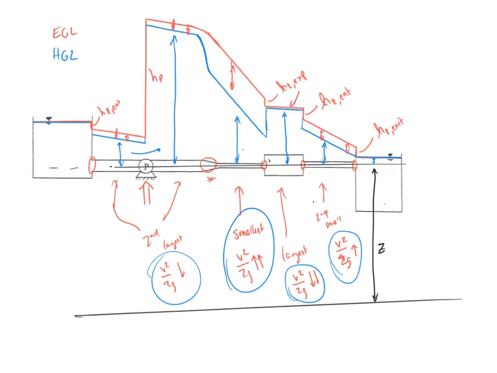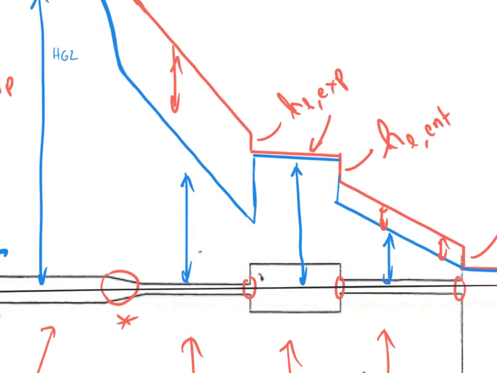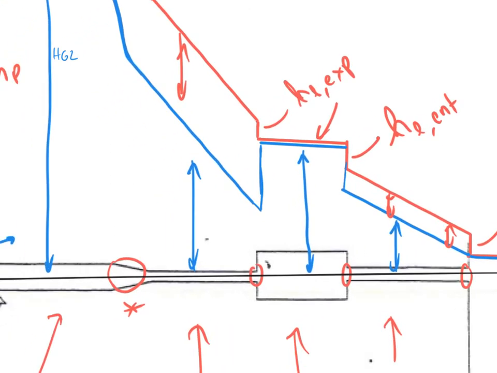Now notice, some of these things are pretty weird, right? If I zoom in right here, for example, this is really weird. What's going on right there? What's going on here is as the fluid is moving through this pipe, all of a sudden it's decelerating greatly.